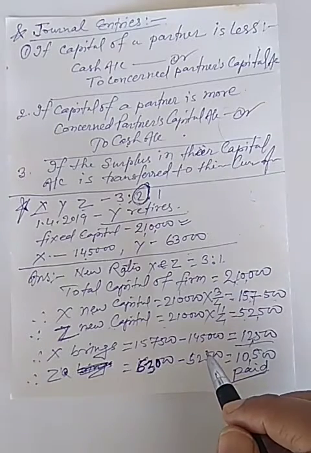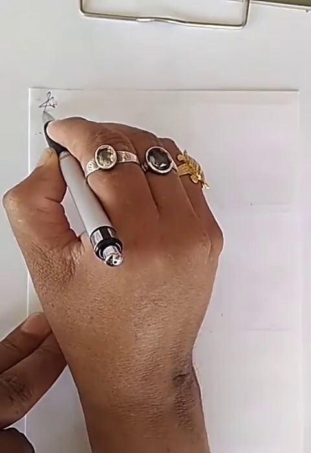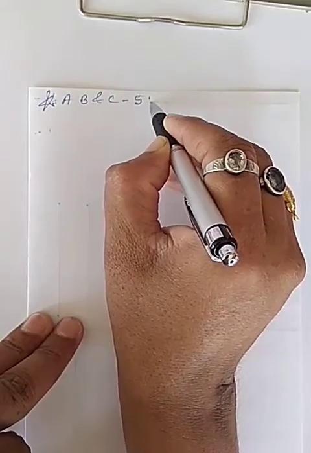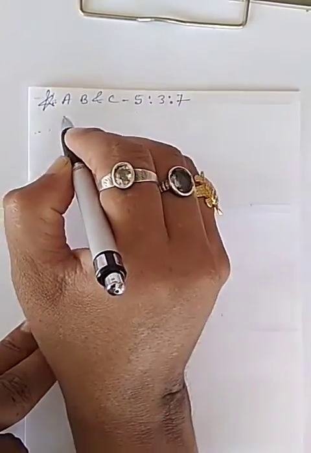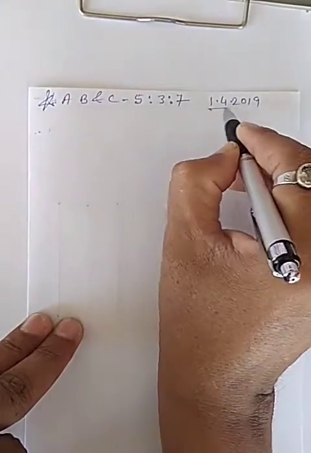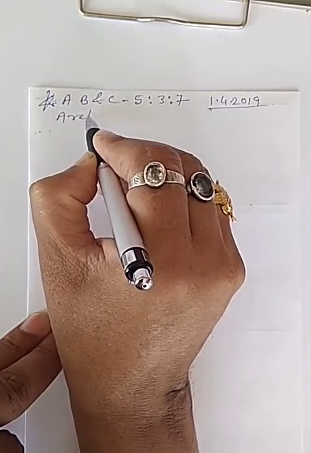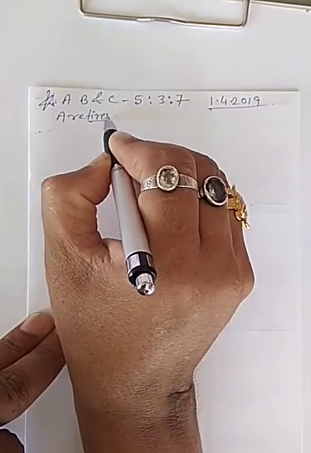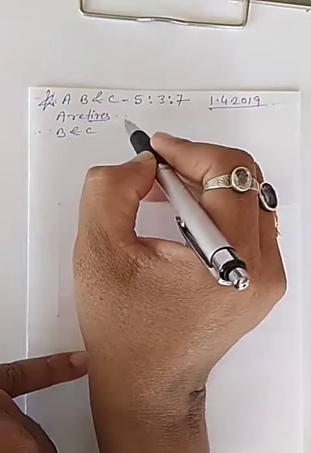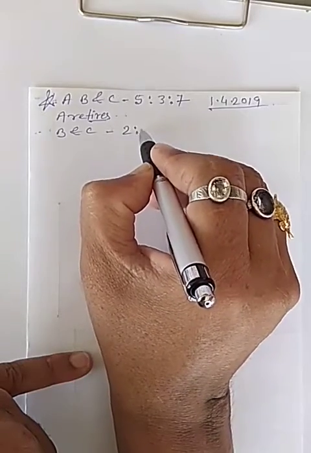Now see one more question I will solve. Suppose A, B and C are partners in a firm in the ratio of 5:3:7, and on 1st April 2019 A retires from the firm, and B and C decided to share future profit in the ratio of 2:3.